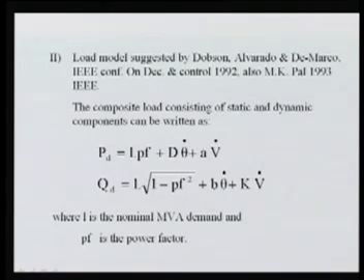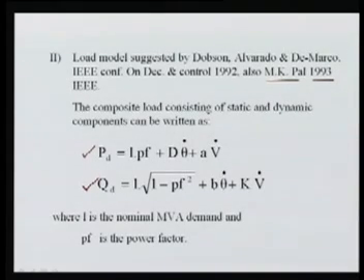Another model was suggested by Dobson, Alvarado and DeMarco, and also in the M.K. Pal 1993 IEEE transaction, a composite load consisting of static and dynamic components, which can be written with the dynamic PD and the dynamic reactive power.